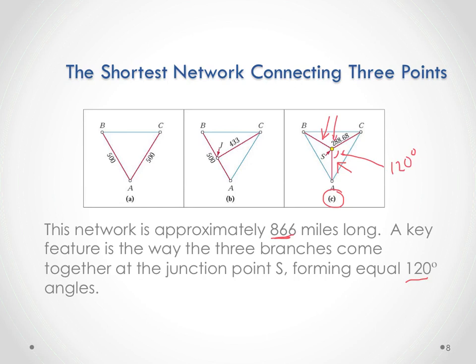These are a circle, but they're three angles in the circle, so 360 divided by 3 is 120. Each one of these angles equals 120 degrees. So it's what we call a perfect Y.